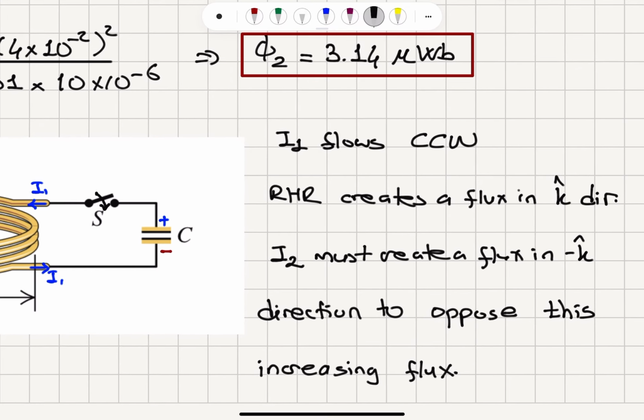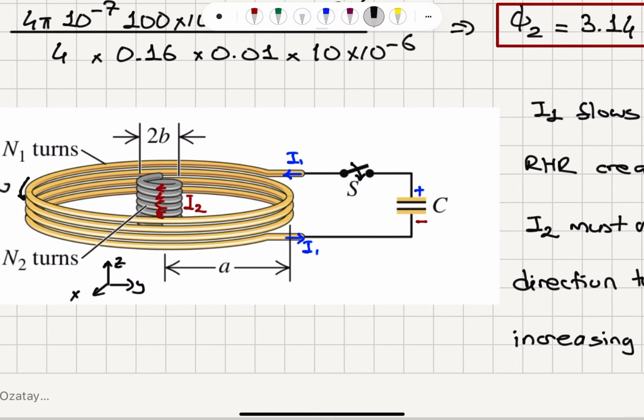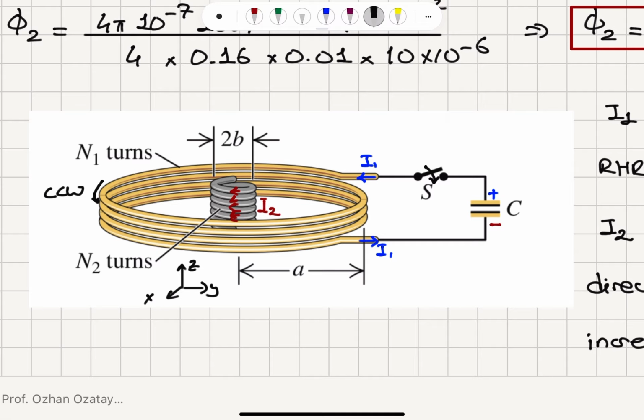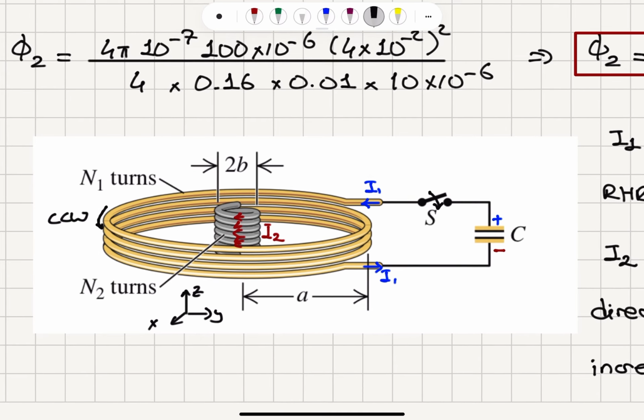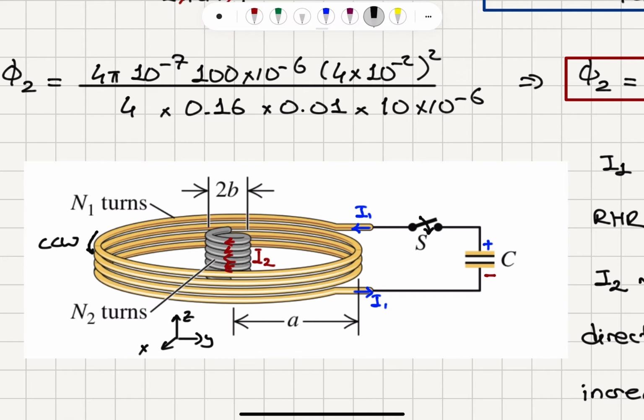Therefore, we can see that I2 must create a flux in minus k hat direction. Actually, we're looking at the direction of the magnetic field created by I2, multiplied by the area. That's the flux. The direction of the magnetic field created by I2 should be in minus k hat direction.